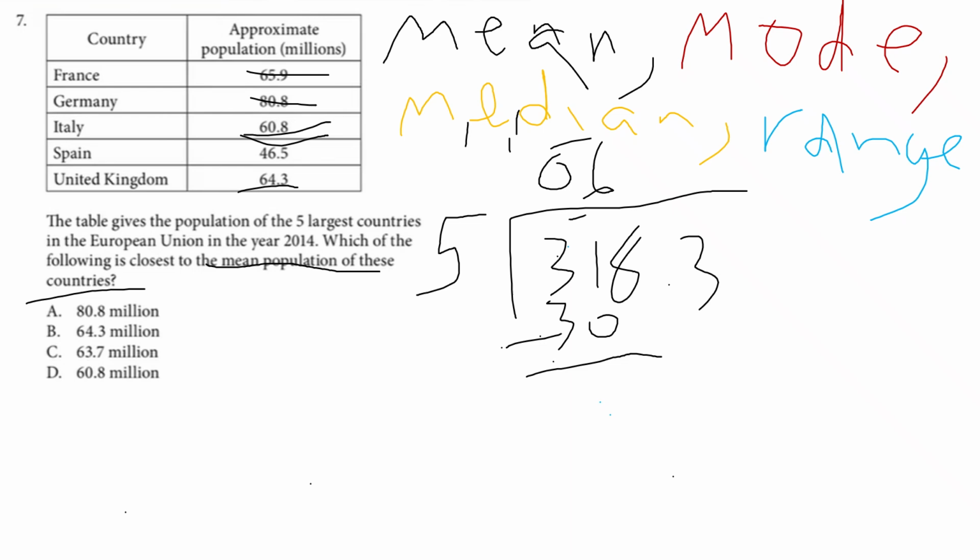We're going to subtract 30 from 31. All right, we're just doing long division right now. All right, 5 can go into 18 3 times. And 3 times 5 is 15. Leaves us 3.